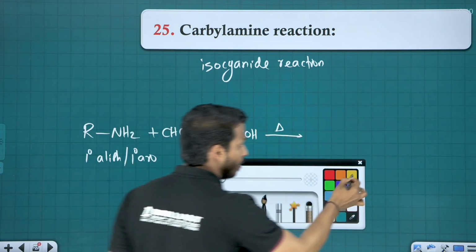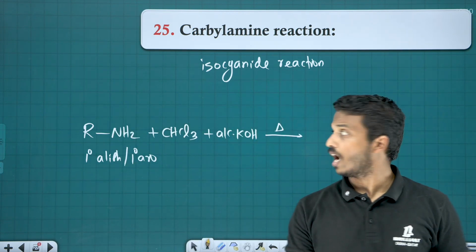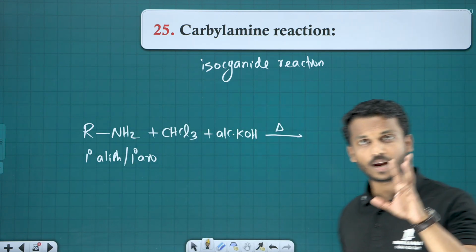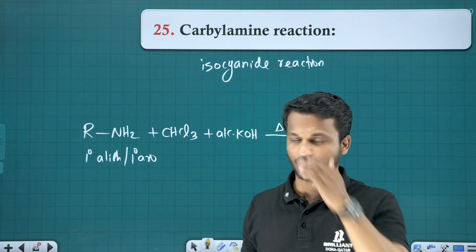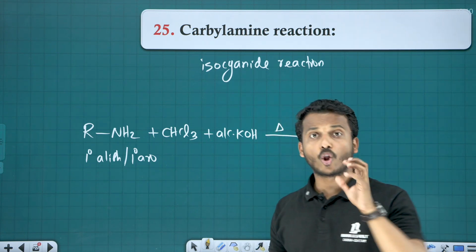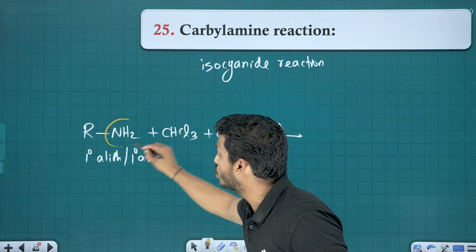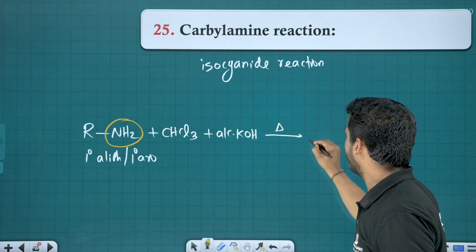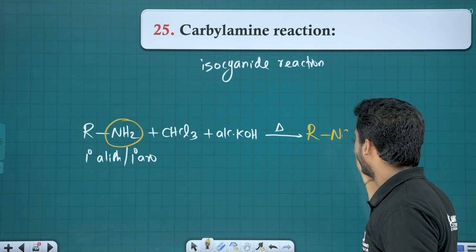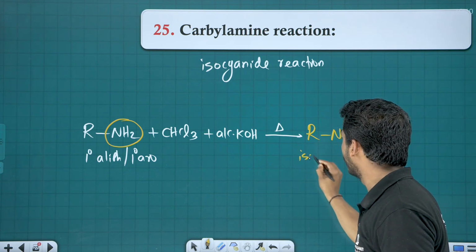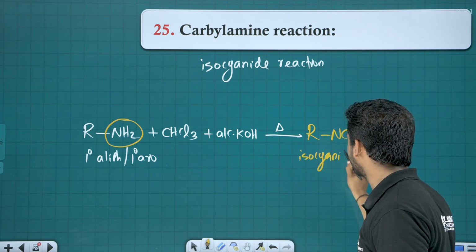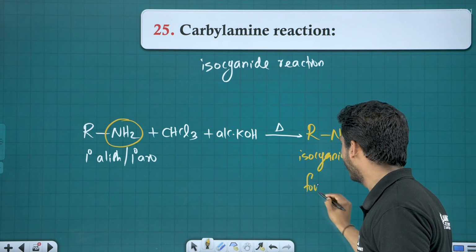So what are the starting materials of the carbylamine reaction? The amine, which amine, either primary aliphatic or primary aromatic. That we are treating with what? Chloroform and alcoholic KOH. You know what happened? The NH2 becomes NC. That becomes RNC. What is NC called? Isocyanide, and it has a foul smell.